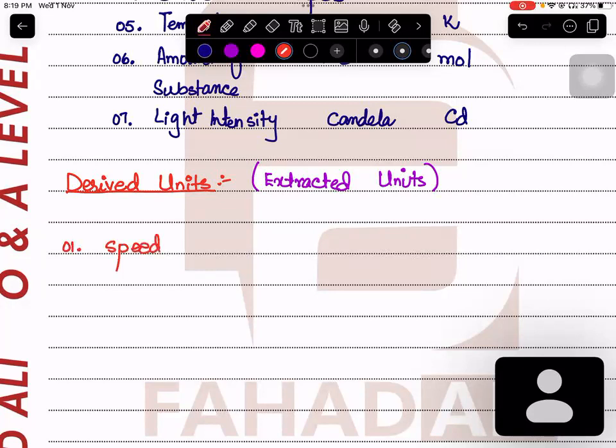For example, speed. What's the formula of speed? Distance over time. So distance is meters, time is seconds. This is plus one over here, right? So if I move this second over here, it will become m s^-1. Is this clear?